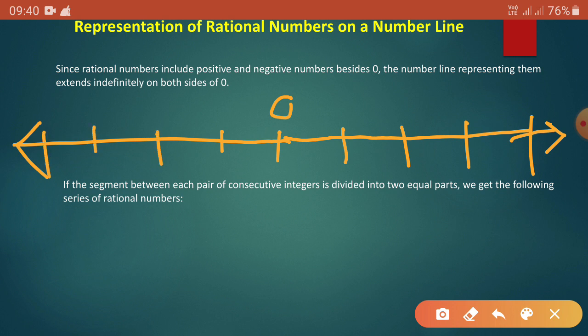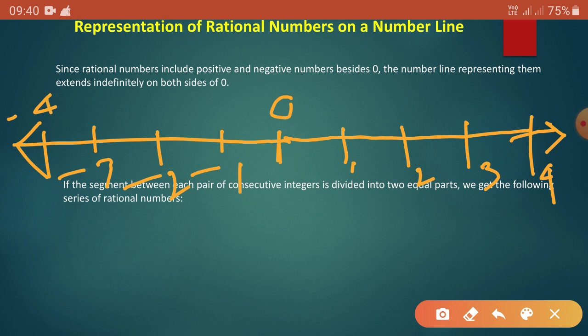This line is for 0, this is 1, this is 2, this is 3, 4, and on the left it is -1, -2, -3, -4, and so on.